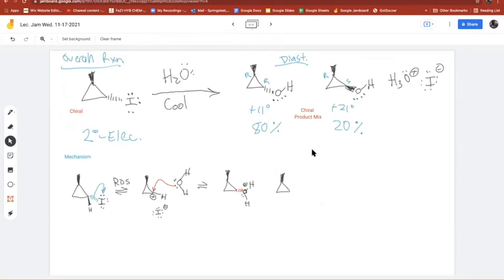Colors, colors, colors. Here we go. There we go. So which side is it easier for the water to attach to? The backside, less steric hindrance. So I can see getting maybe like 80% of this and like 20% of that because there's steric hindrance from the methyl.